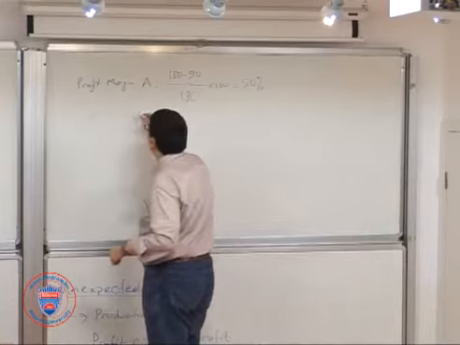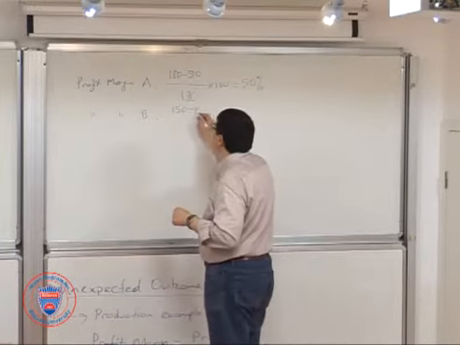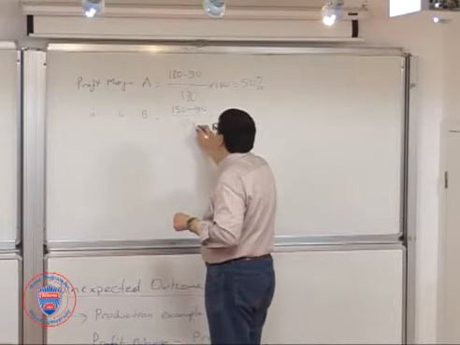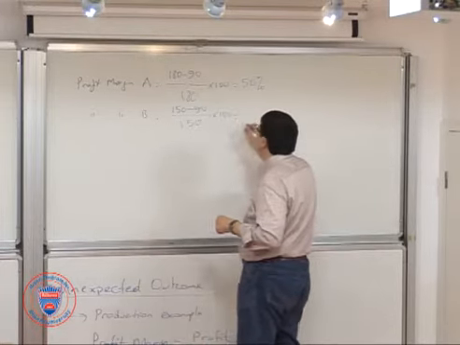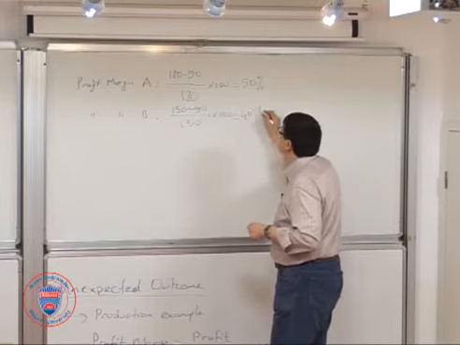And profit margin for B is going to be 150 minus 90, divided by 150, times 100, and this is going to be 40%.